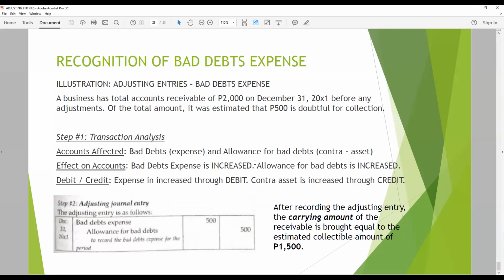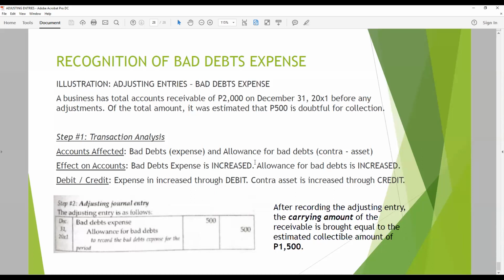So, accounts affected, bad debts expense, and allowance for bad debts contra asset. Bad debts expense is increased, allowance for bad debts is increased. So debit, expense is increased through debit, contra asset is increased through credit. Itong allowance for bad debts account nyo naman is a contra account for your accounts receivable.